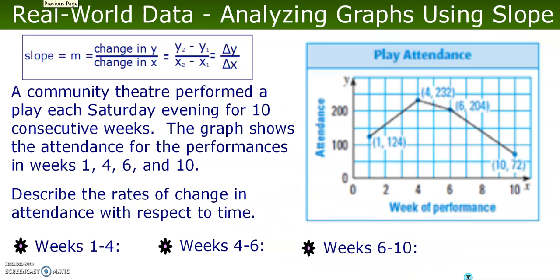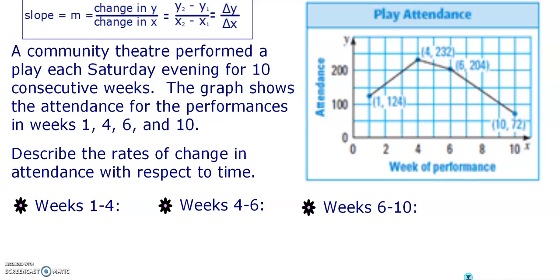Take a look at our next real-world example. A community theater performed a play each Saturday evening for 10 consecutive weeks. The graph shows the attendance for the performances in week 1, 4, 6, and 10. Describe the rate of change in attendance with respect to time. So here's my word problem again.